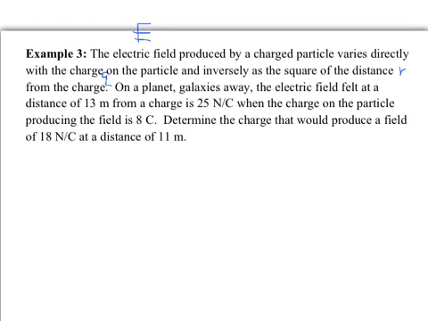KEQ. Okay, so we're going to have K here for sure. EQ. All right, now it says the electric field varies directly. So we should start with electric field over here. Okay? So the electric field varies directly with the charge. So where should I put Q?